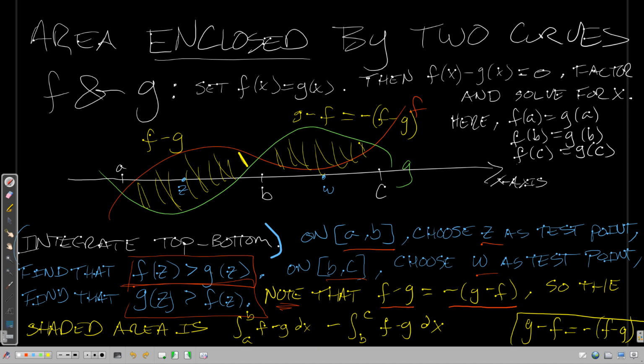It gives you the same thing, because this right here is exactly the integral from b to c of g minus f. And there's our shaded area.